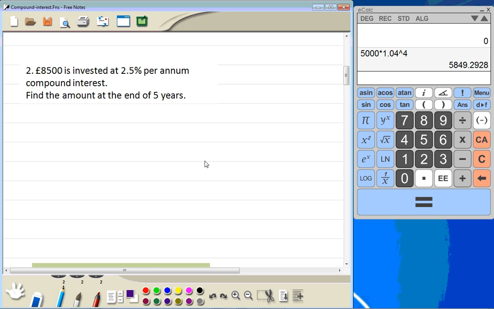Now we do this example. So the amount, 8,500 times 1 plus 2.5 divided by 100 raised to the power 5. Again, 2.5 divided by 100 is 1.025.